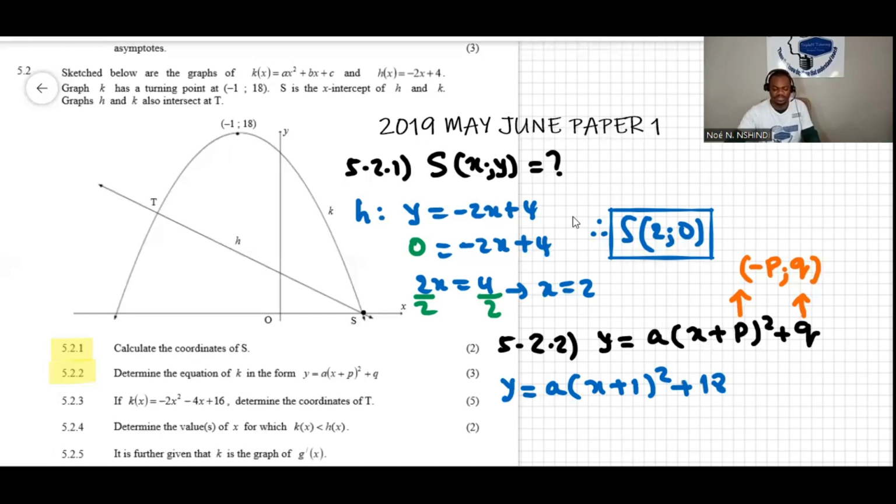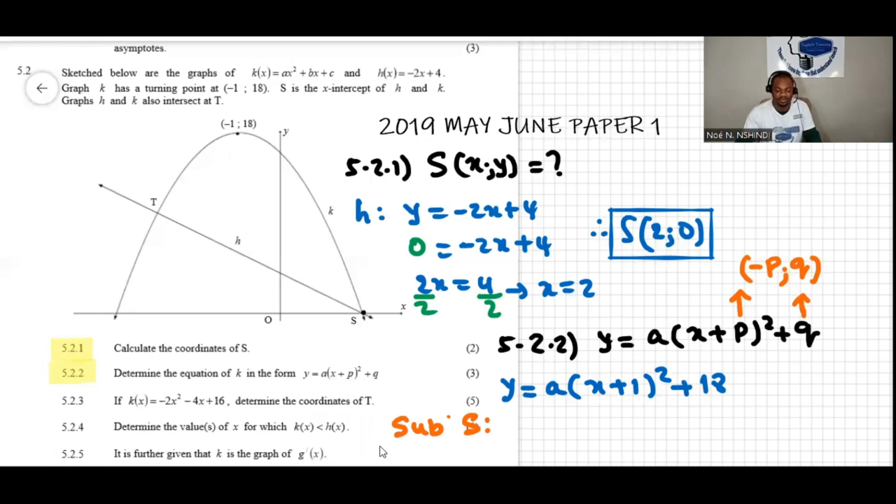Now the equation is still not defined yet, so we're going to substitute a point into the equation. We can see the only point given is S. We're going to sub in point S to find the value of a.